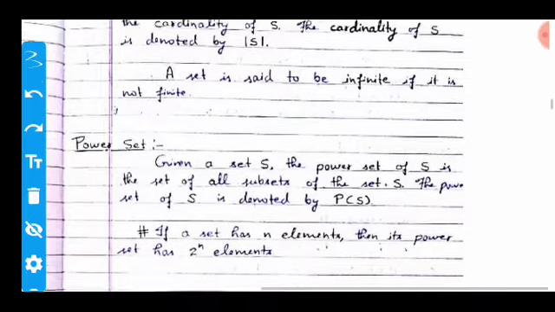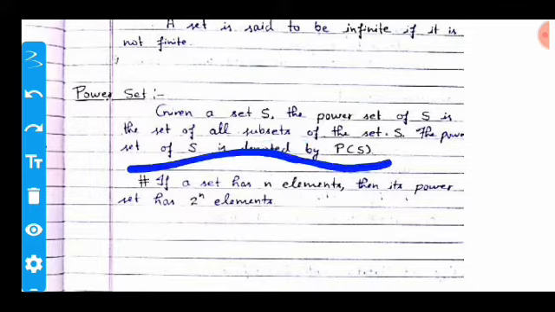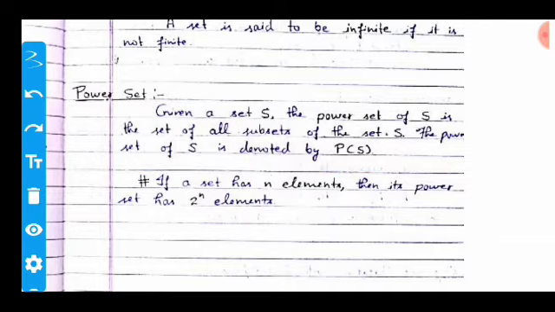Now move on. Next, power set. The power set of a given set S is the set of all subsets of the set S, denoted by P of S. If a set has n elements, then its power set has 2 to the power n elements.